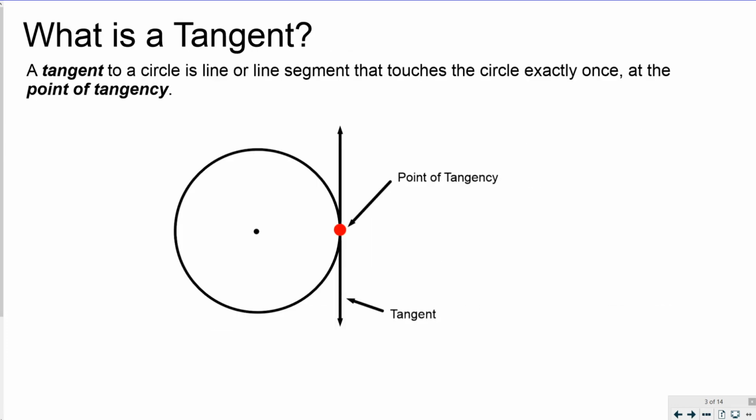So, what is a tangent? A tangent to a circle is a line or line segment. It could also be a ray that touches the circle exactly once at the point of tangency. So you can see from the diagram, the tangent is the line itself. The point of tangency is the single point where the circle and the line actually touch.